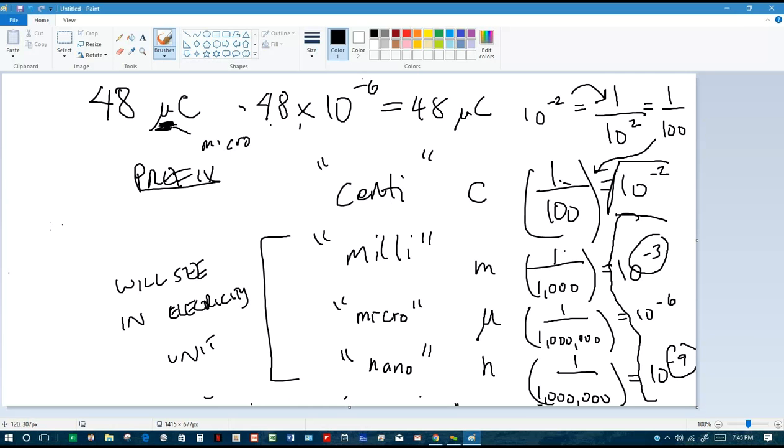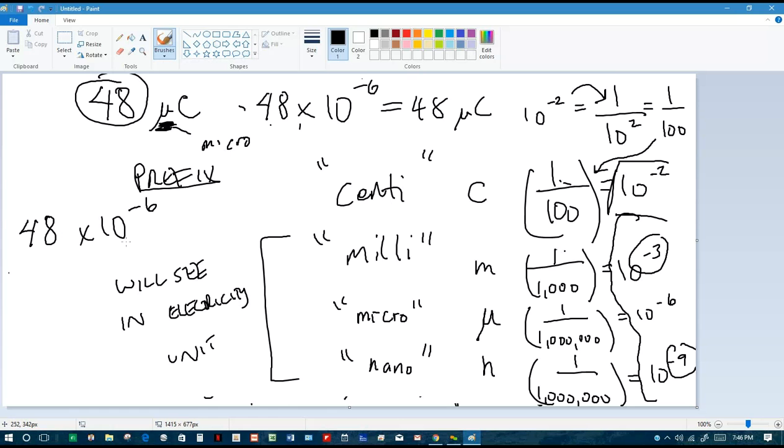Don't worry about the negative for now. I just wanted to get you practice with using the prefixes and turning them into scientific notation. We can leave it as 48 times 10 to the minus 6, and that could go into your calculator, and that would be fine.